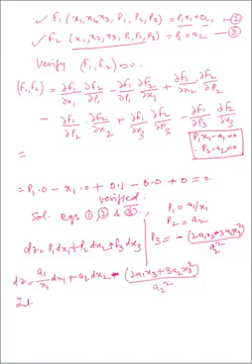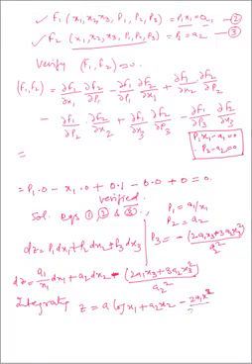Integrating, z is equal to a1 log x1 plus a2 x2, and here with respect to x3, this comes x3 square upon 2, x3 cube upon 3.